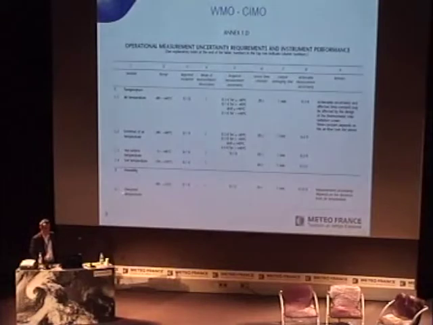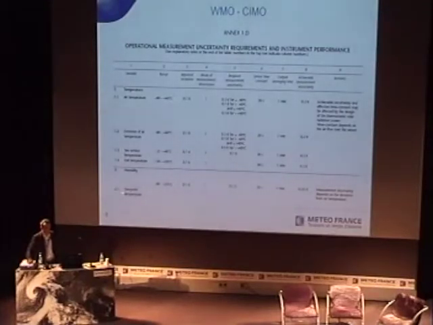For generic requirements, the WMO has set some achievable measurement uncertainty that you may see on this line. This is for different requirements. We talked about forecasting, climatology, but there are also requirements of airport managers, farmers, and so on.